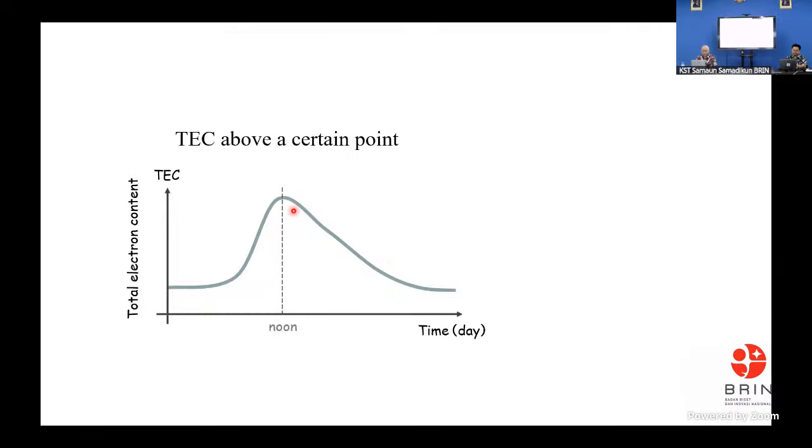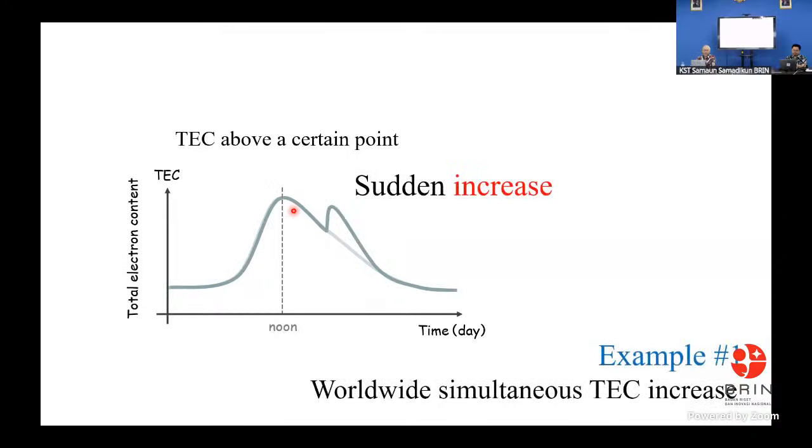And we often see a sudden increase at a certain time in a day, and this occurs simultaneously all over the world. This is a typical signature of a solar flare.